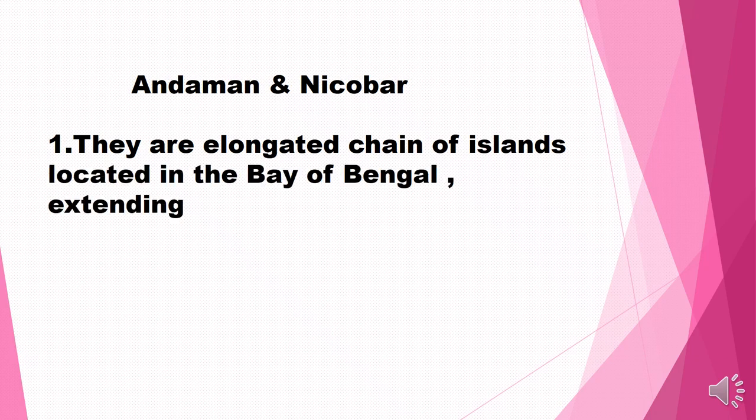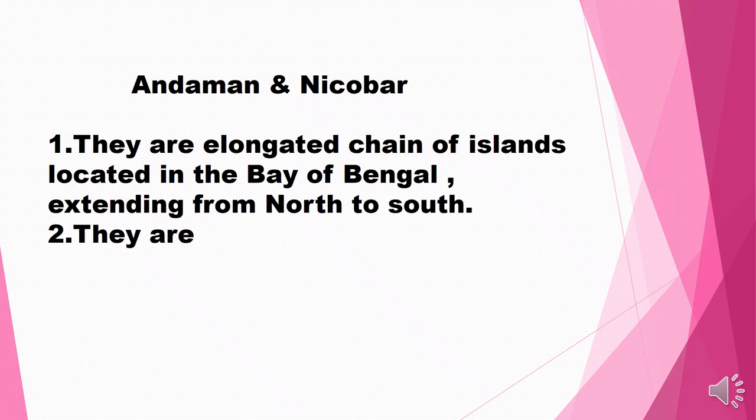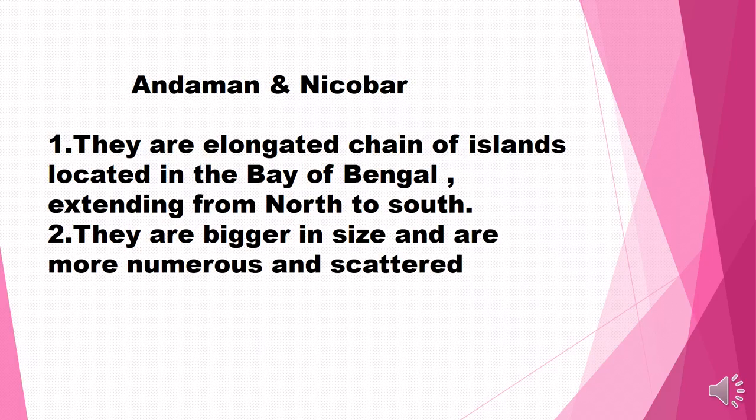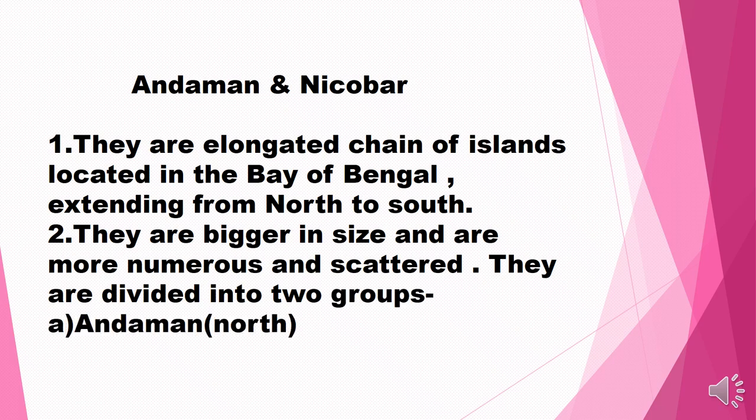The Andaman and Nicobar islands are an elongated chain of islands in the Bay of Bengal, extending from north to south. They are bigger in size than the Lakshadweep islands, numerous in number, and scattered in a north to south area.